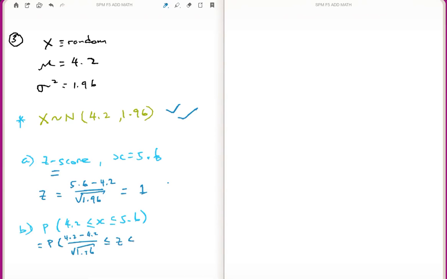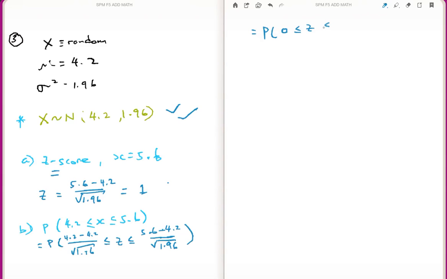The number is the same as the mean. Then 5.6 subtract 4.2 over square root of 1.96. I pressed it wrongly. So I will transfer this number over here. So my P is 0, z, 1.